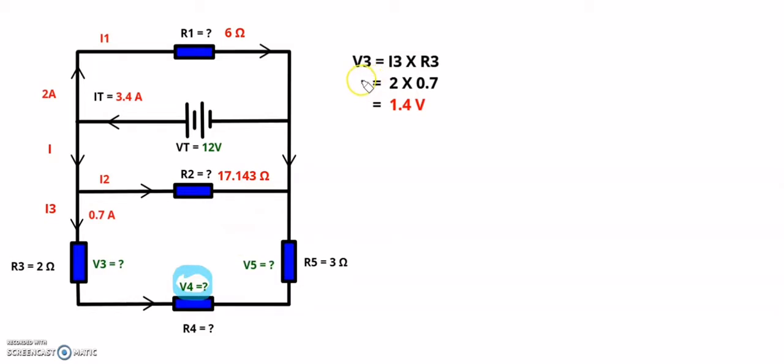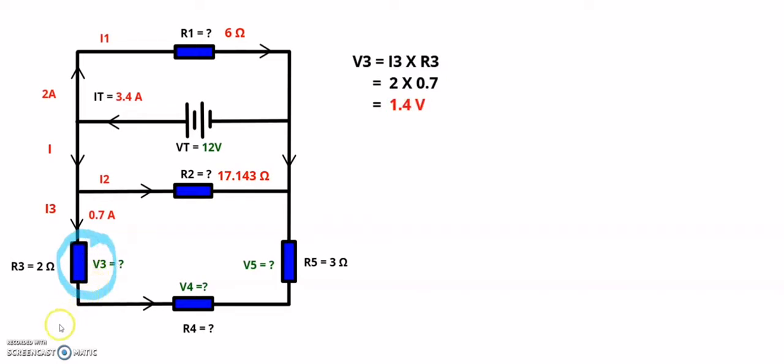The voltage drop of V3 is equal to my current I3 multiplied by resistor R3, which is 2 multiplied by 0.7, which will give me a voltage of 1.4 volts over that resistor.